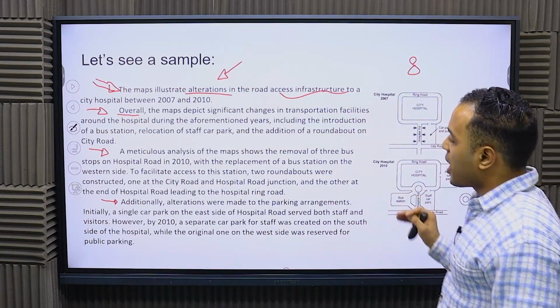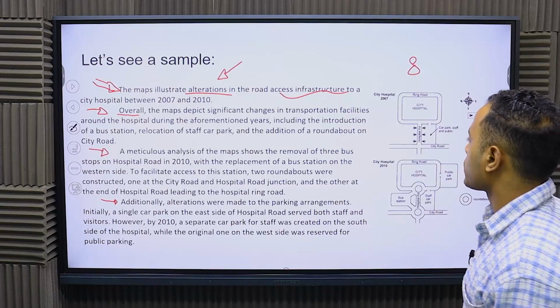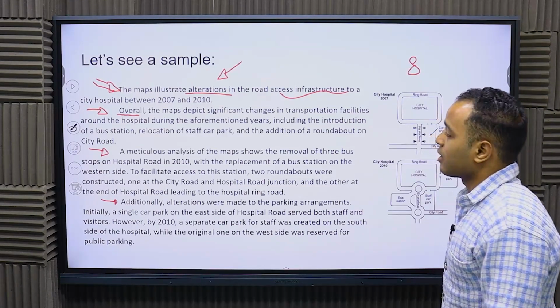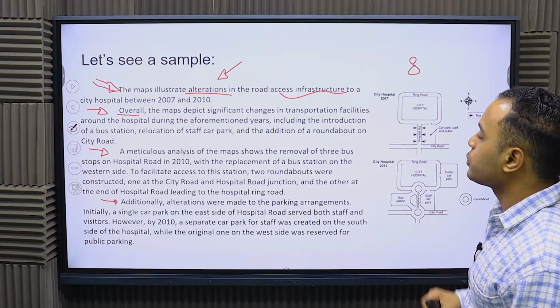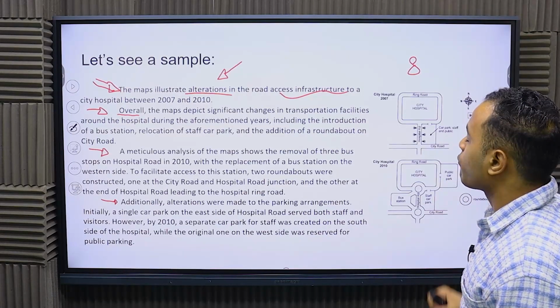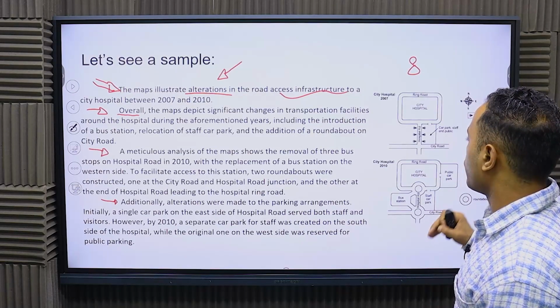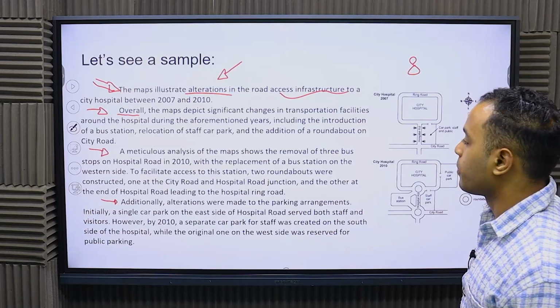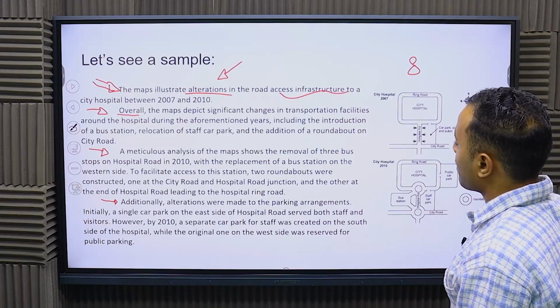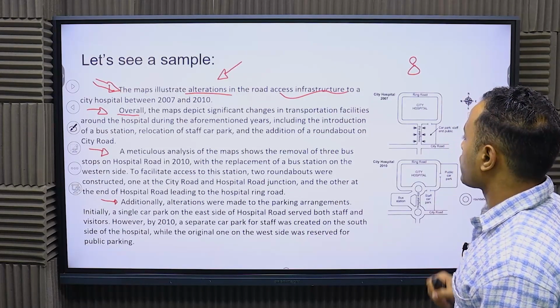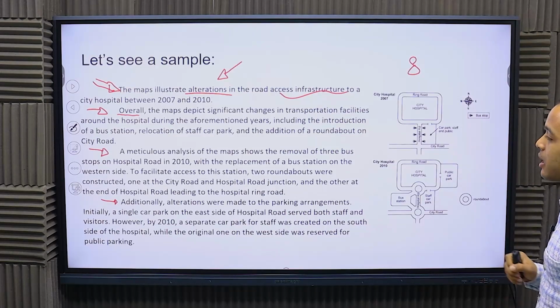Overall, the maps depict significant changes in transportation facilities around the hospital during the aforementioned years, including the introduction of a bus station, relocation of staff car park, and the addition of a roundabout on city road.